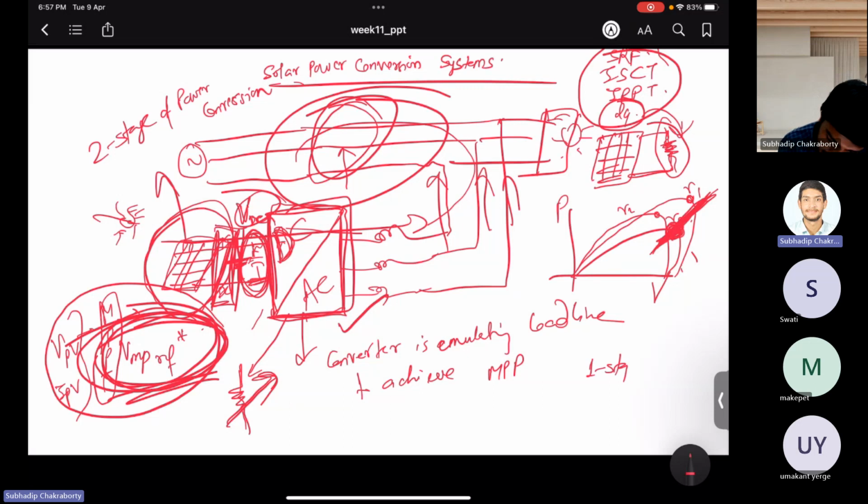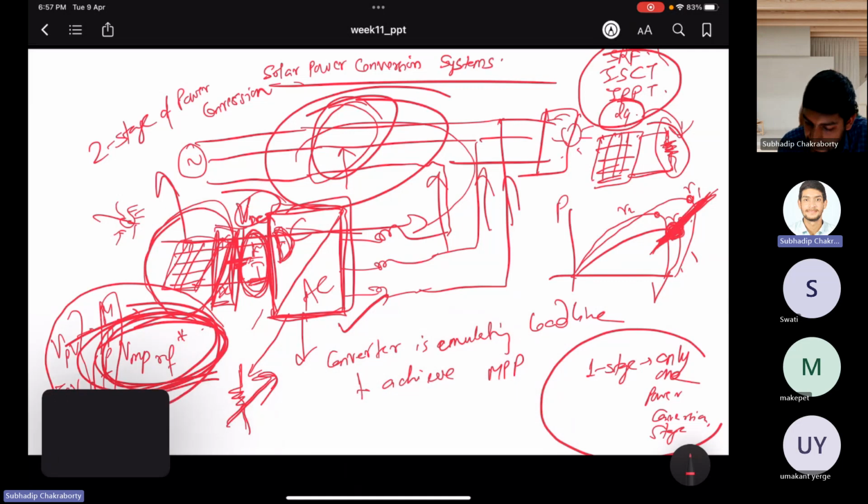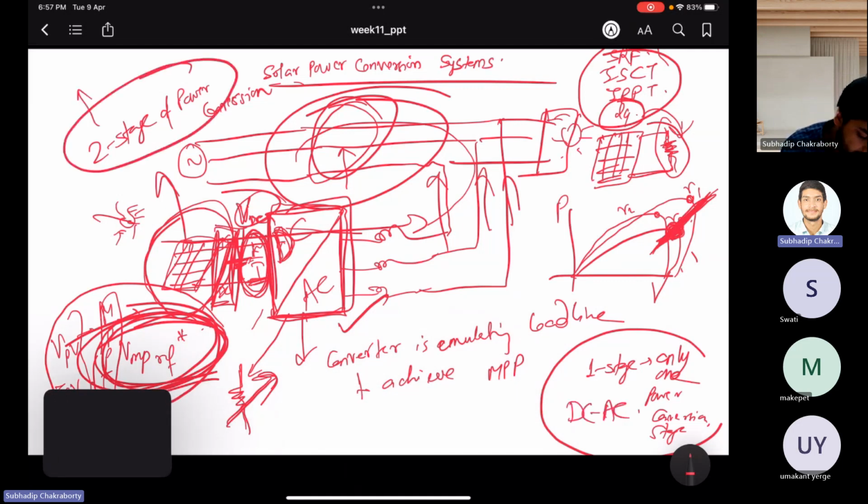So single stage means only one power conversion stage, only the DC to AC conversion stage. In two-stage power conversion, you have DC to DC, where you have the boost or any DC-DC converter, plus the DC to AC conversion stage.